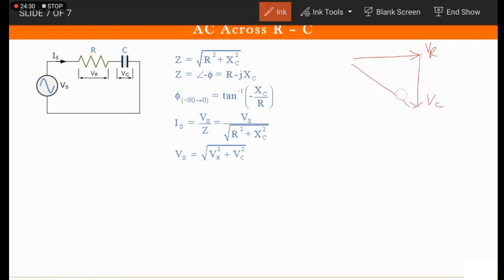So this is my resultant V. Because here the current leads. In case of a capacitor, the current leads but the voltage lags, isn't it? That is why I am drawing it in the downward direction. I hope this is clear to you. So everywhere I'll get the minus sign. So R minus jXC, then tan inverse of minus XC upon R. And the current is calculated by Vs upon Z.